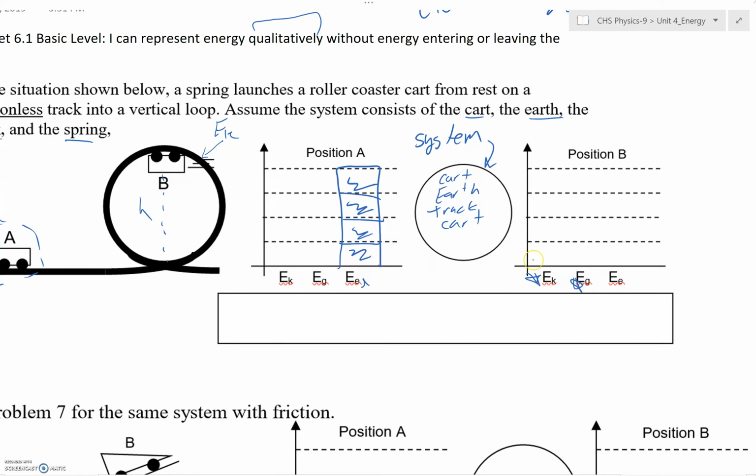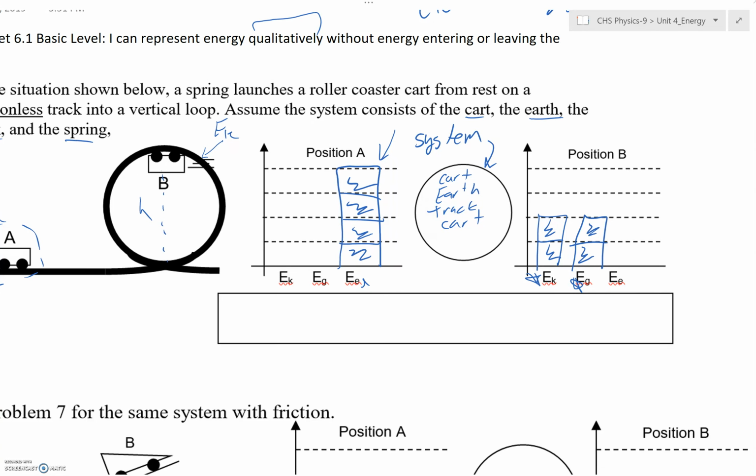We just have to have a total of 4 bars in the end. If we've got 2 things and we need 4 bars, why not 2 and 2? But it wouldn't matter if you had 1 in the kinetic and 3 in gravitational. You have to have some in kinetic and some in gravitational to a total of 4, based on what we had in part A.